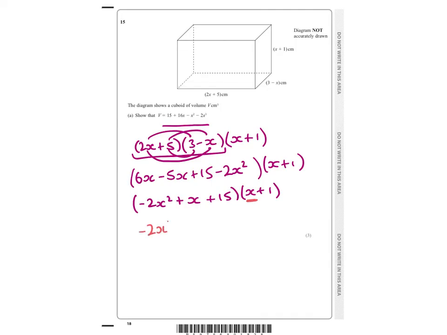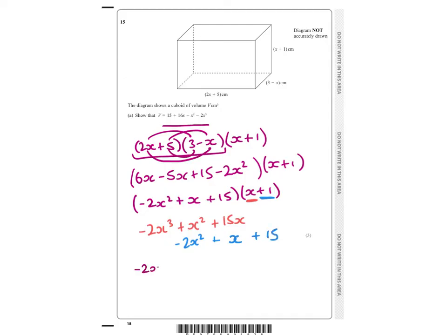So minus 2x cubed plus x squared plus 15x. I'm now going to multiply it all by a positive 1. Minus 2x squared plus x plus 15.